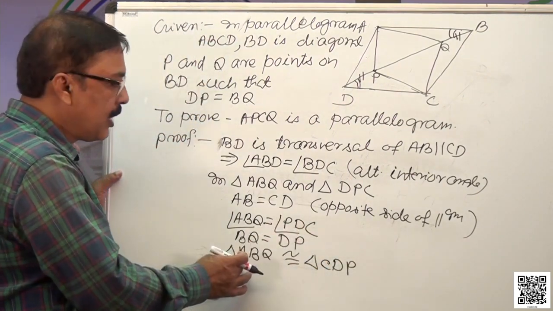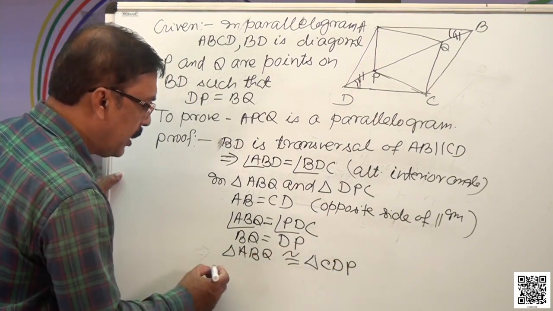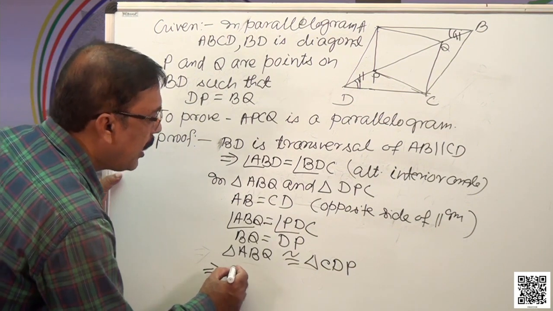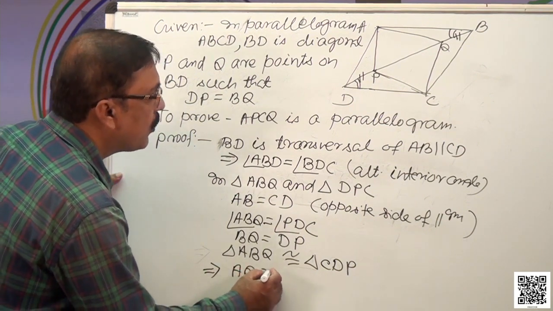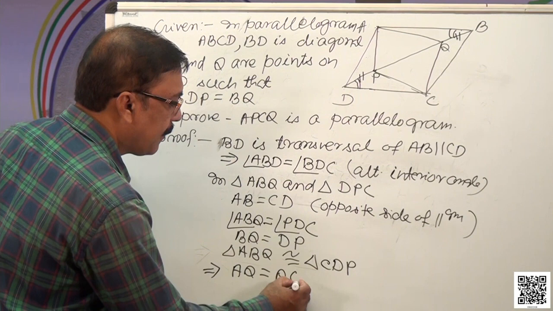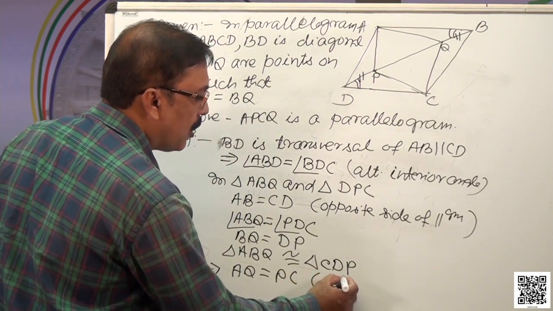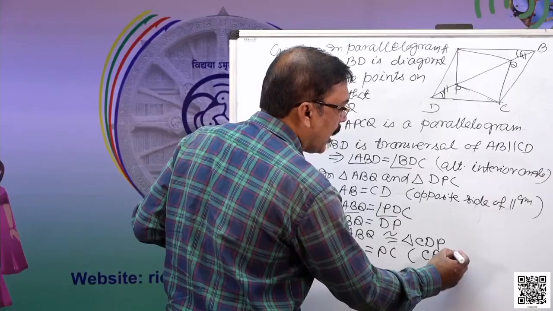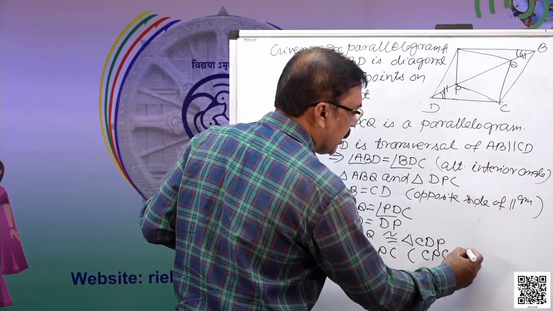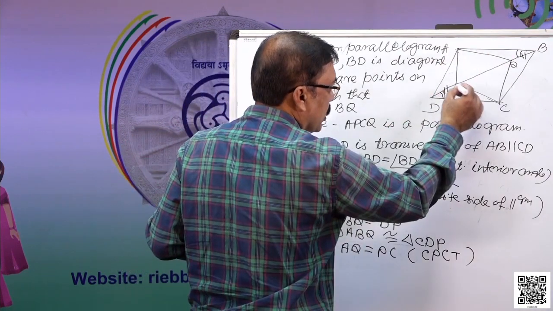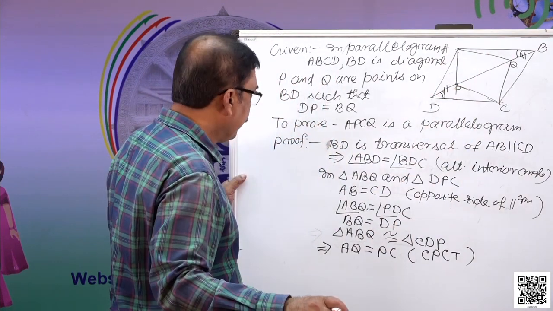As these two triangles are congruent, this implies that AQ is equal to PC by corresponding parts of congruent triangles are equal. So AQ is equal to PC.